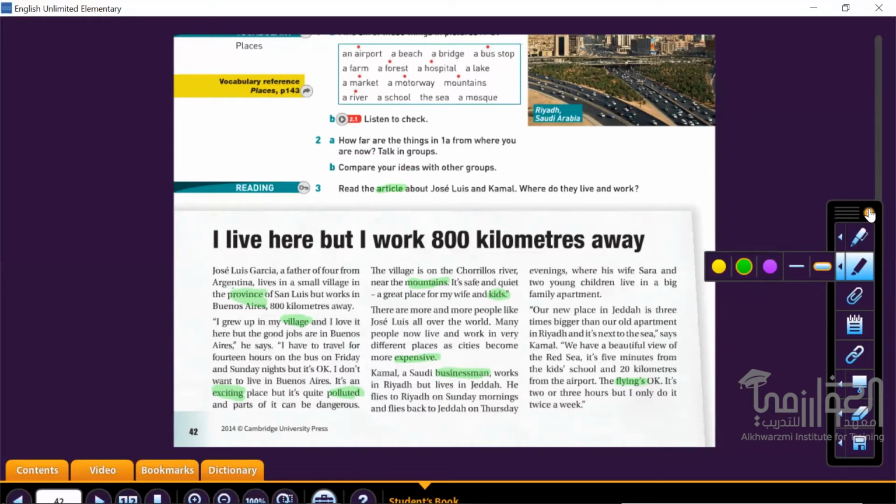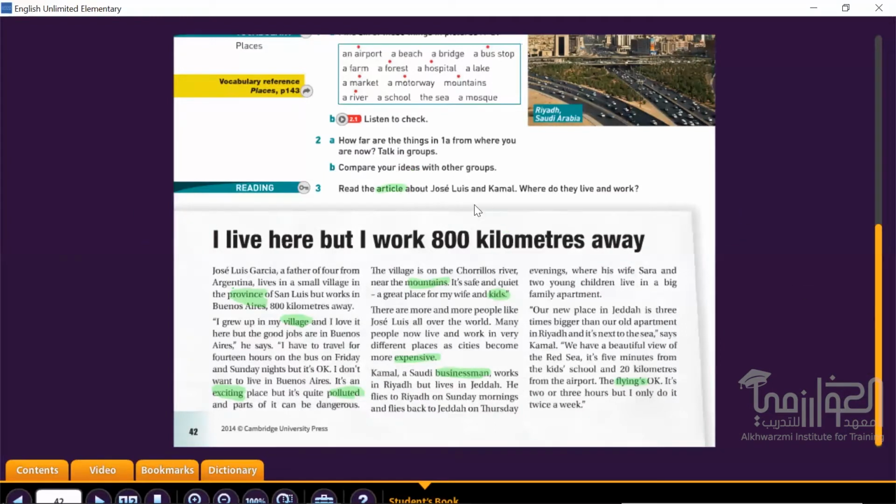Read the article about Jose Luis and Kamal, and this is a question: where do they live and where do they work? This means, where does Jose Luis live? Where does Jose Luis work? And then where does Kamal live? And where does Kamal work also?